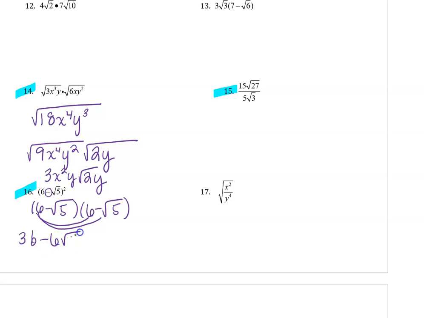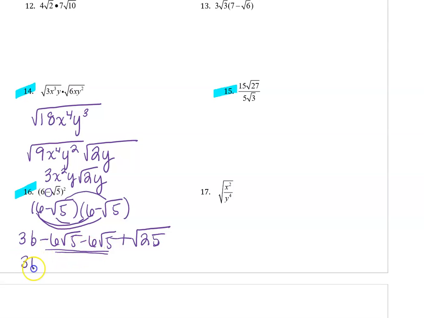Minus 6 radical 5. Minus 6 radical 5. Then negative times a negative is a positive. 5 times 5 is 25, but that's under the radical. Okay, so these do not go to 0. Be careful there. Those are the same thing.